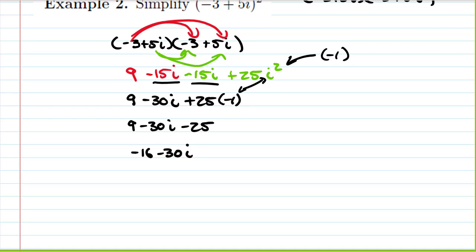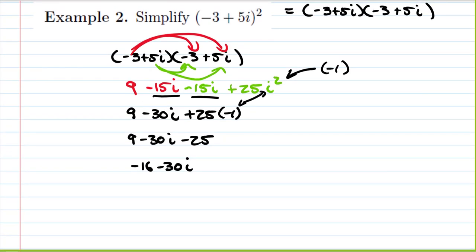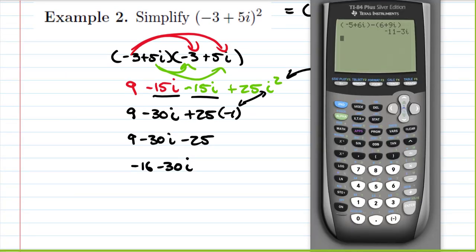And notice I wrote it as the real part minus the imaginary part. But once again, I did all this arithmetic by hand, and there's no reason we have to. If I just grab my graphing calculator, I have negative 3 plus 5i, close my parentheses, and then I square it. And my graphing calculator agrees with me. The solution was negative 16 minus 30i.